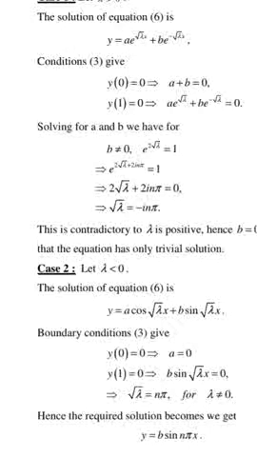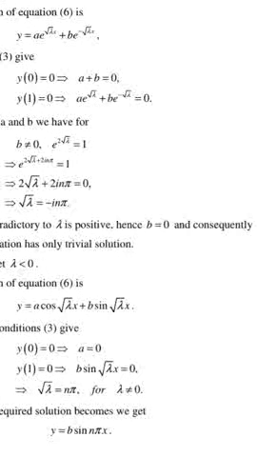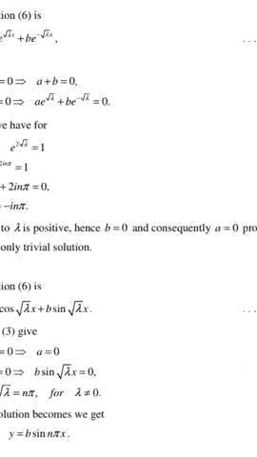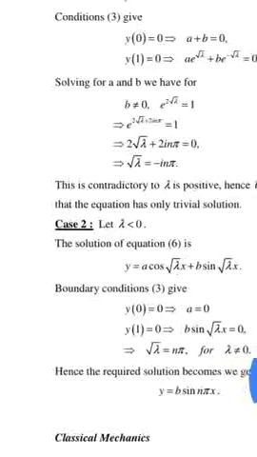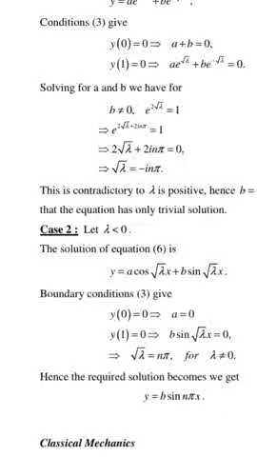This is contradictory to lambda being positive, hence b is equal to 0, and consequently a is equal to 0, proving this equation has only the trivial solution.